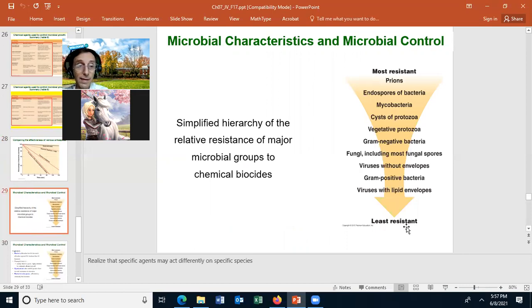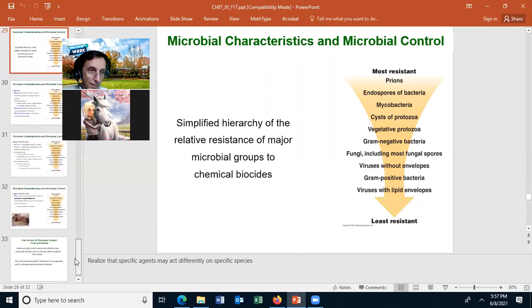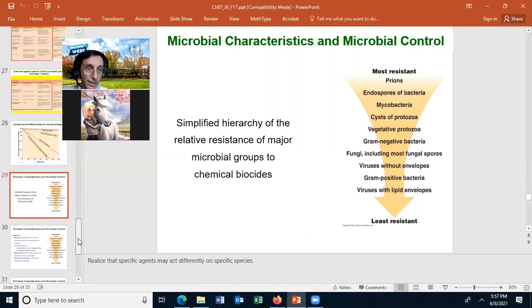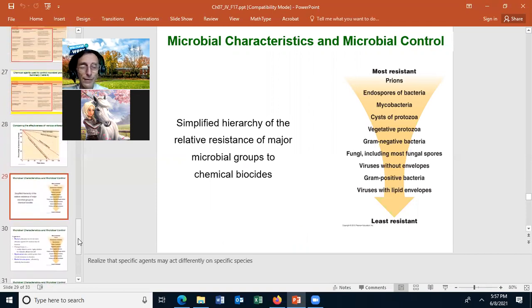All right, the last thing I want to talk about, I think that's the last thing. I'll talk a little bit more about prions, so maybe not quite the last thing. The second or third thing from the last is I want to talk about some of the microbial characteristics and how they affect microbial control.